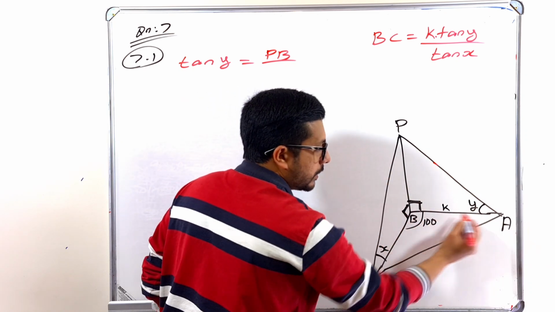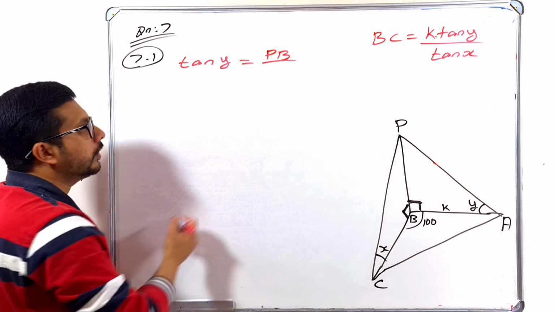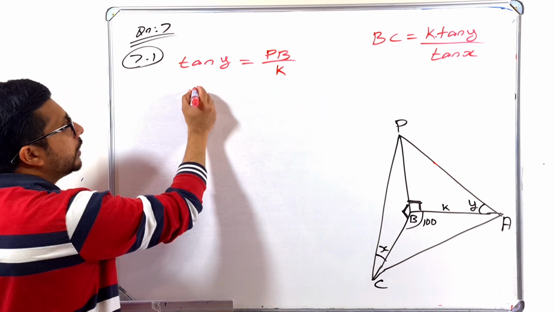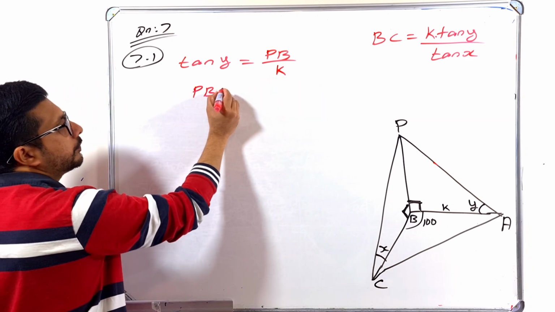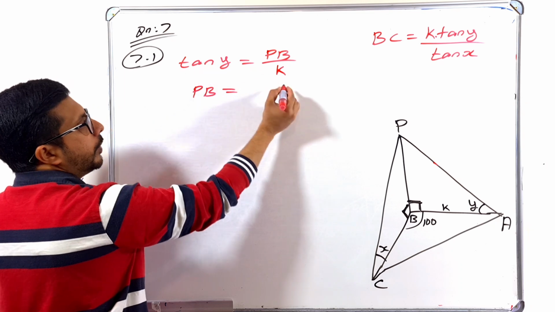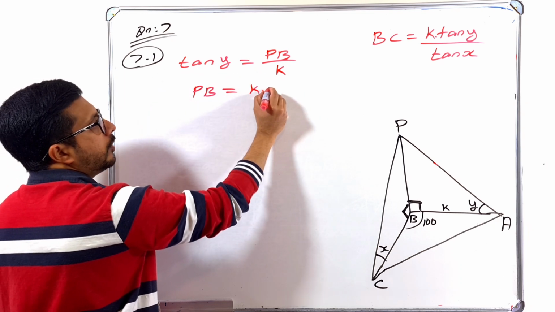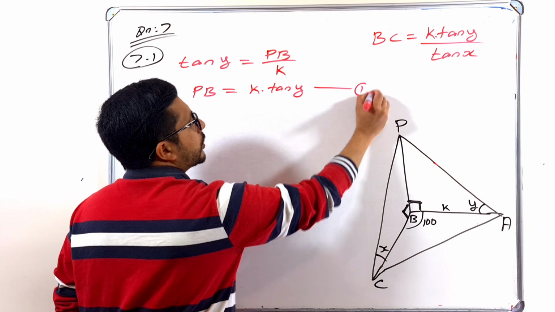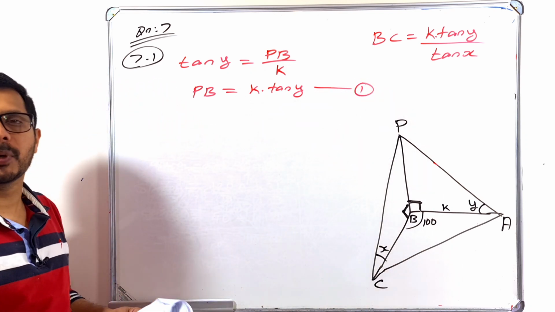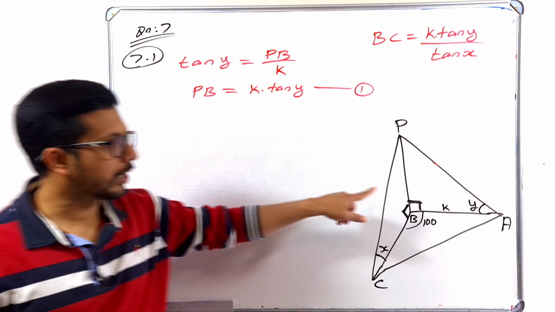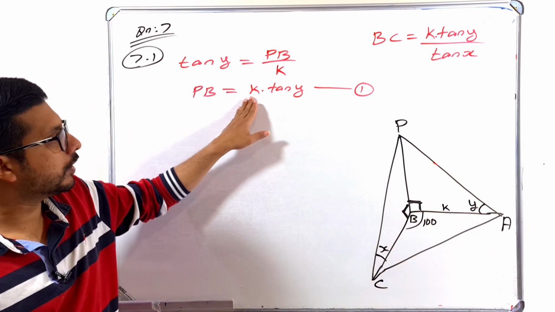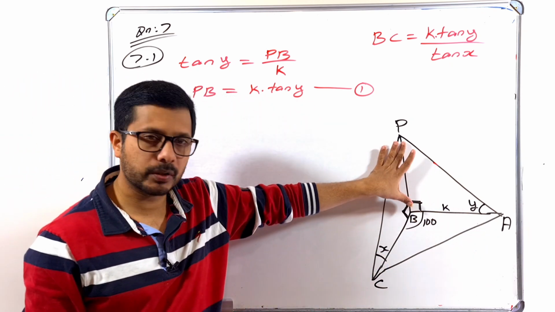So what is the adjacent side? That is K. So tan Y equals PB divided by K. From there, what is PB? Cross multiply, that is K times tan of Y. I call that equation number 1. So when I applied tan Y in this triangle, I got PB is equal to K tan Y.